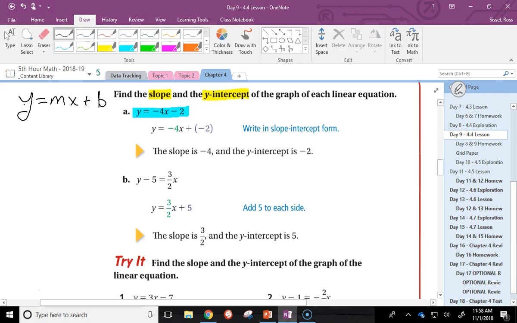Yeah, so we're okay. Let's identify the slope. It is already set up right in slope-intercept form. So all I have to do is look for my slope. We know this is slope. We know this is y-intercept. Oh man, I did my colors backwards.